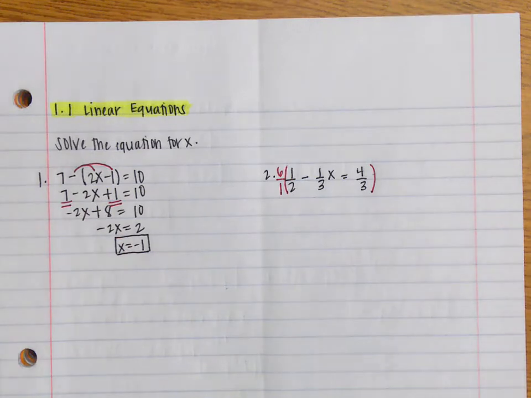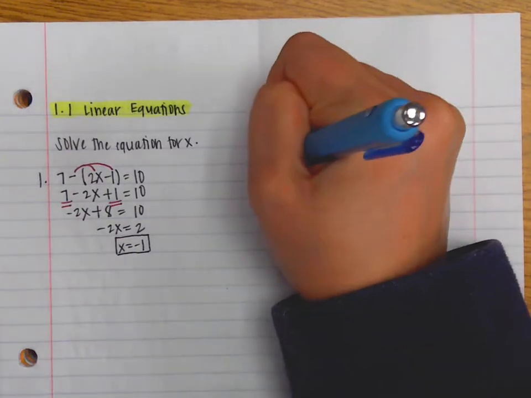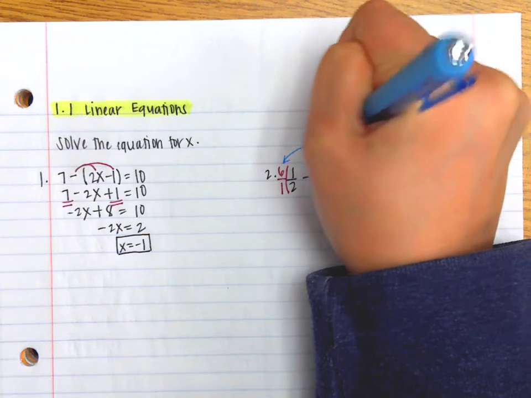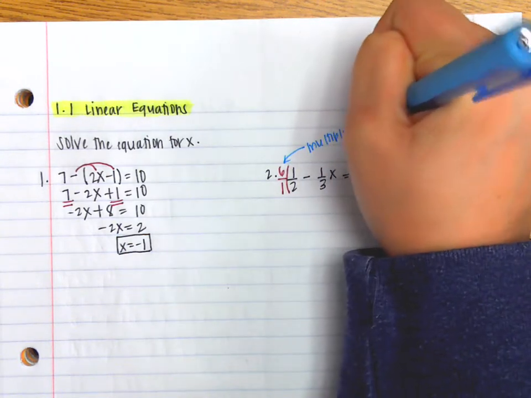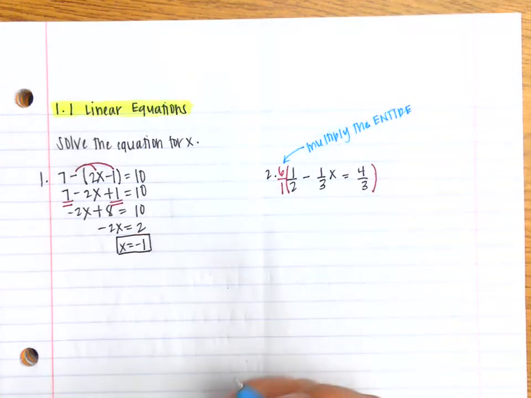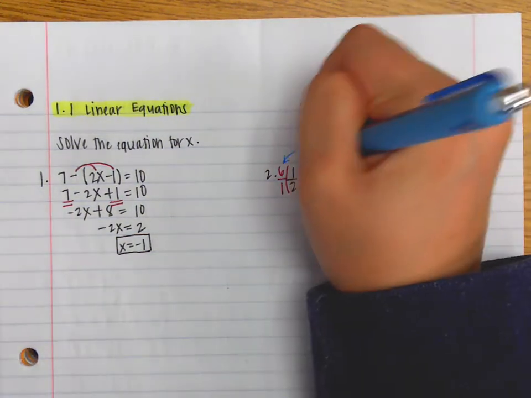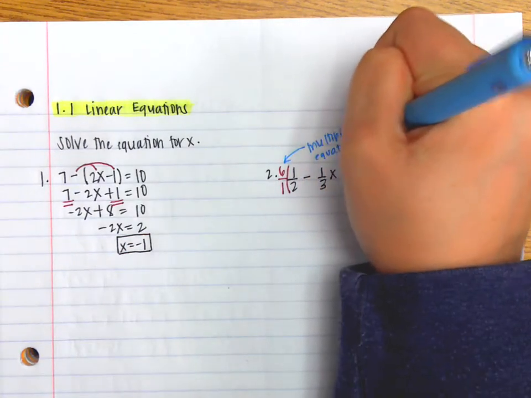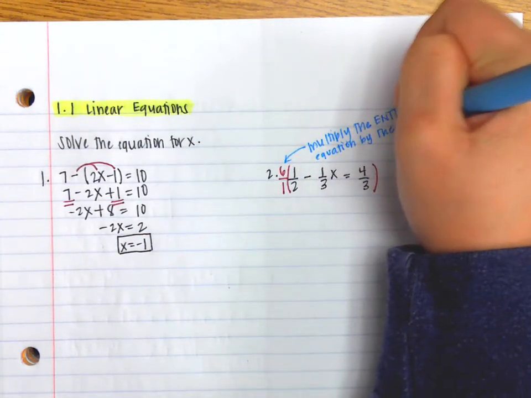So let's make a note of why I picked 6. So 6, again, we're going to multiply the entire equation by the least common multiple.